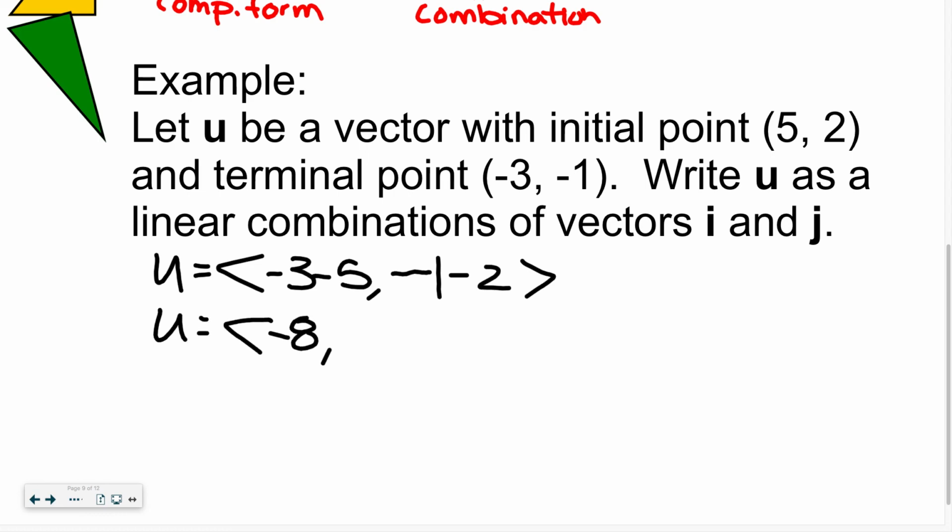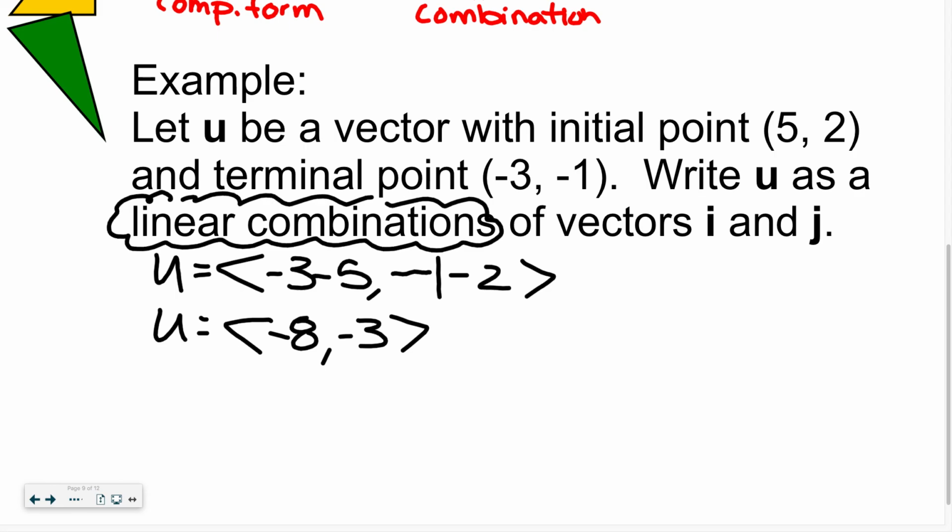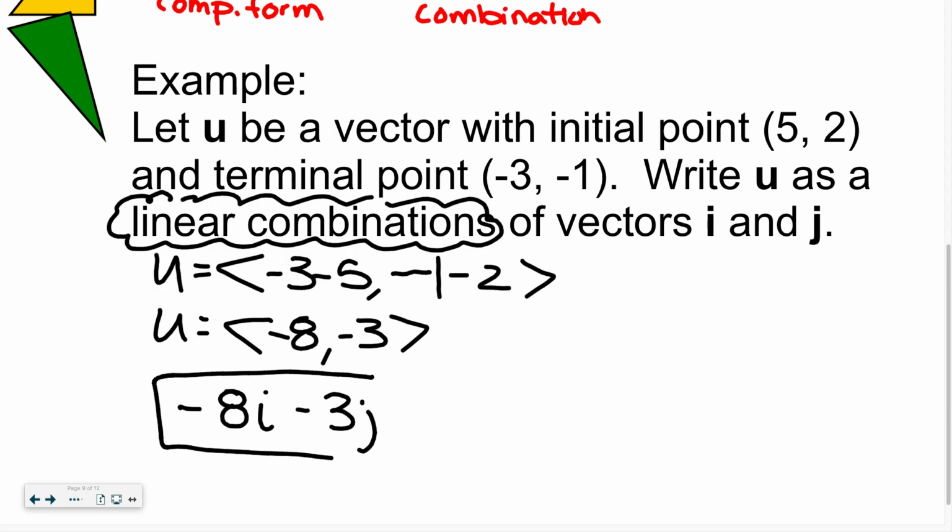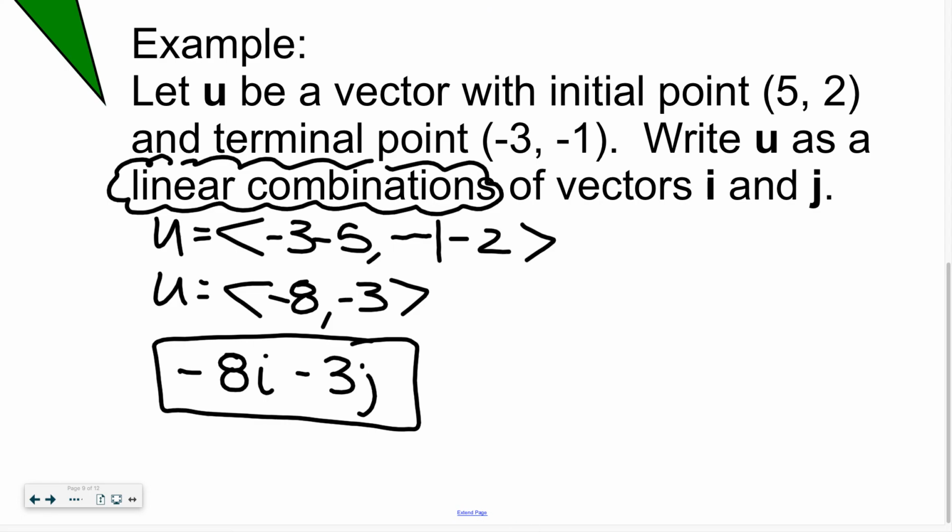That's -8, -3 in component form. But the direction says write it as a linear combination, so we will lose points if we leave it in component form. So I change it to a linear combination. It's -8i plus -3, but I'm going to write mine as minus 3j. That's linear combination form.